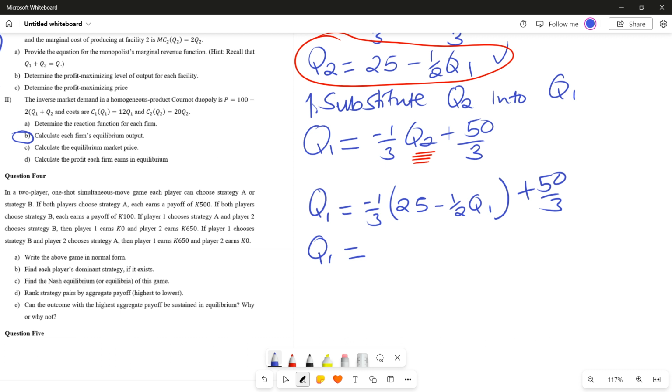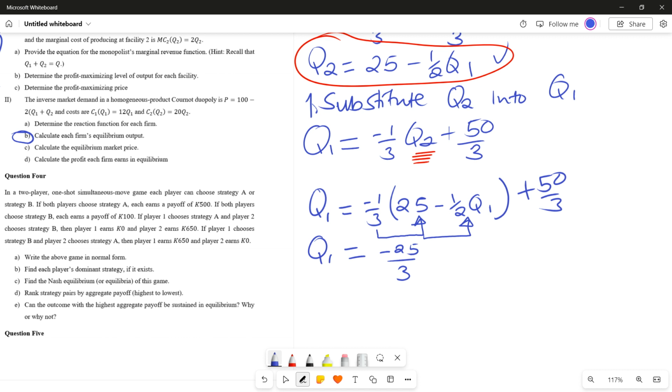So we're just going to open the brackets. In short, we're going to make sure that this 1/3 is distributed throughout. So -1/3 multiplied by 25 will give us minus 25/3.